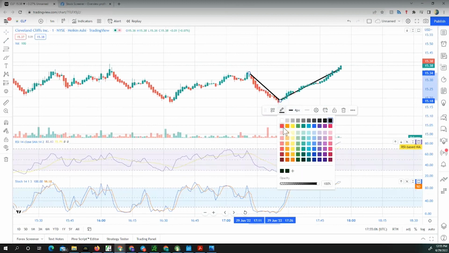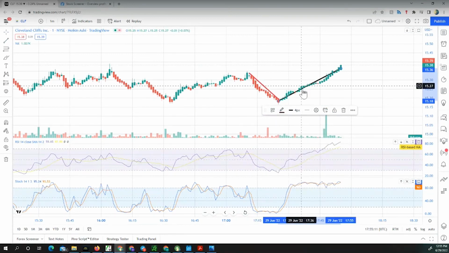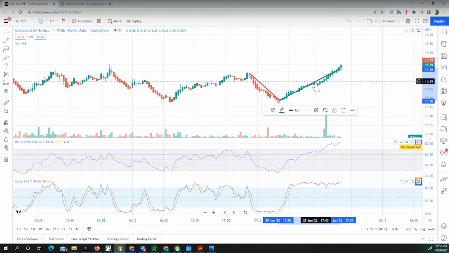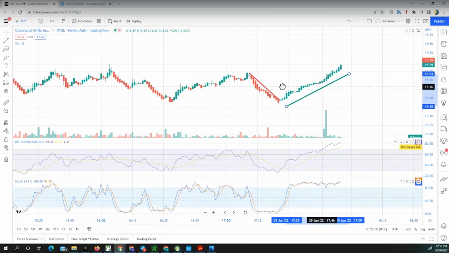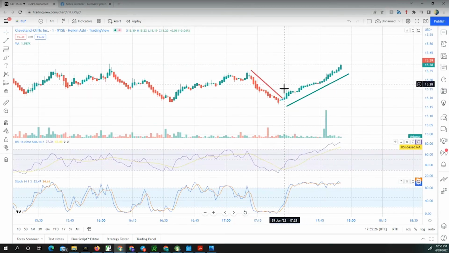Let me use red for this. That's confusing. Green for that. I'll just move these lines a little bit to the side so that they are visible, not confusing with the candles. Now, you can see with the green line, it's more of an upward movement.